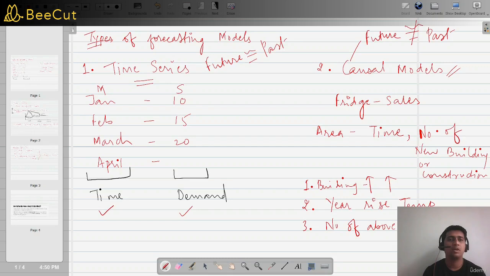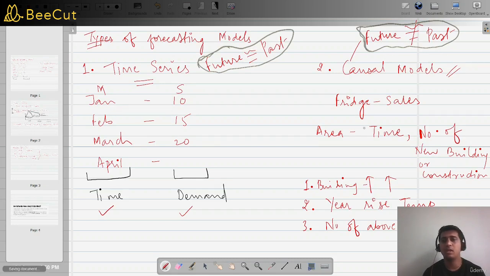So let me mark this in some other color. This is an assumption in the time series model: the future is as good as the past. In causal models, that is not the case. Past and future are not equivalent. In the future, there are a number of buildings, a huge construction happening.